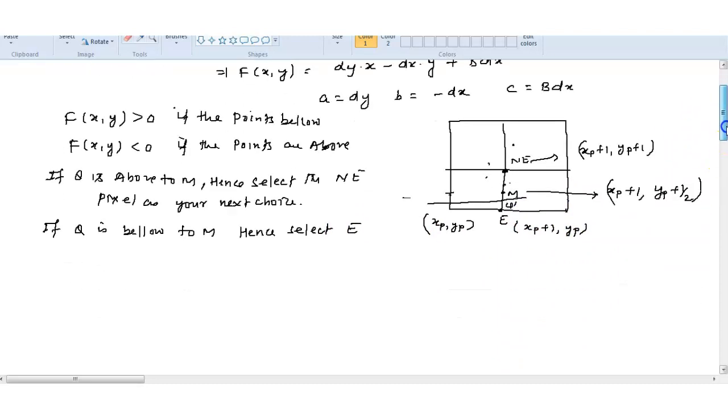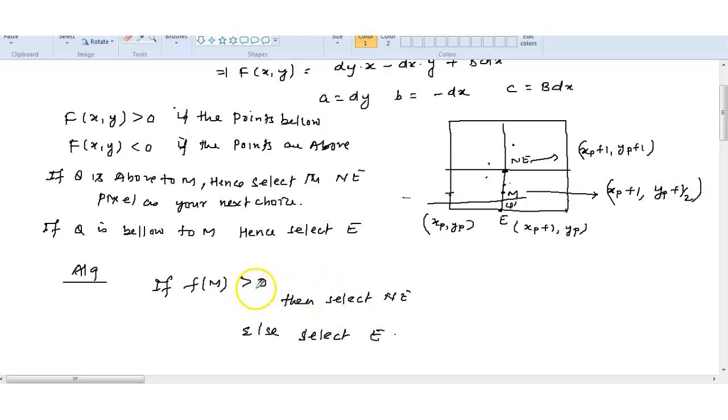So we can now write the criteria in the algorithm: if f at the midpoint M is greater than 0, select northeast, else select east. If f(M) is greater than 0, it indicates that the point is above M, and a point above M will be nearest to the northeast.